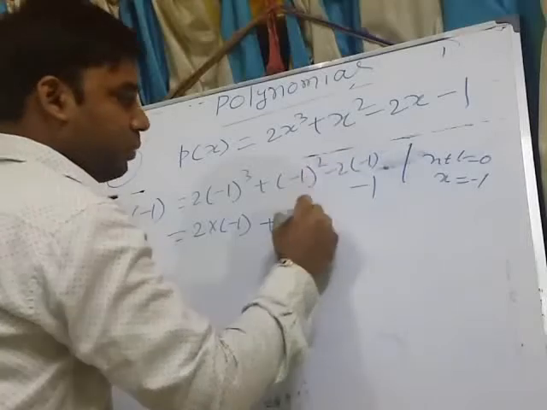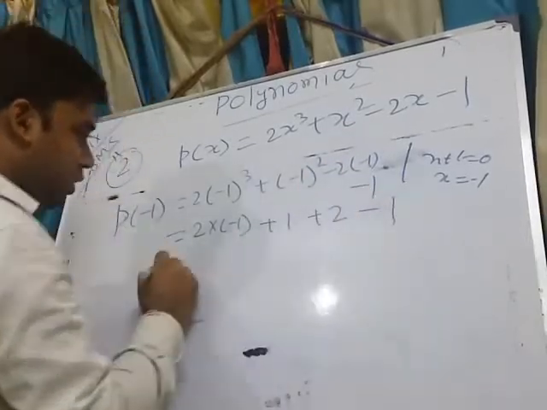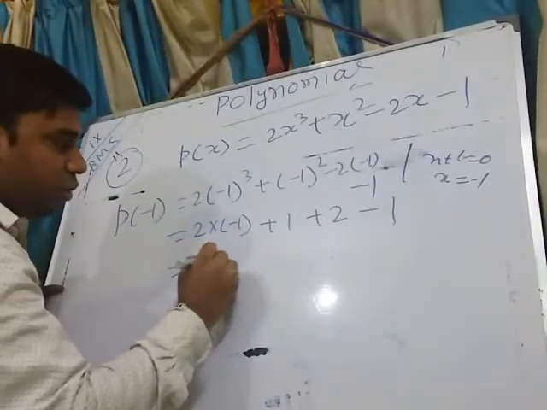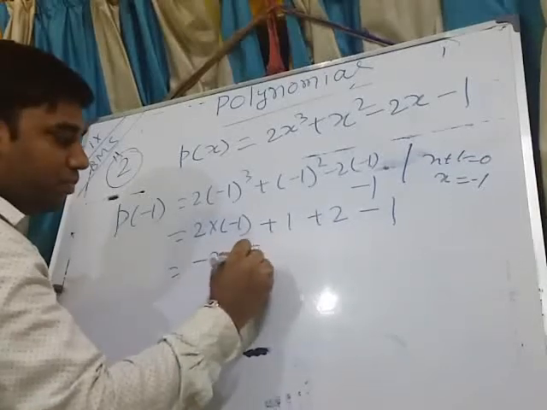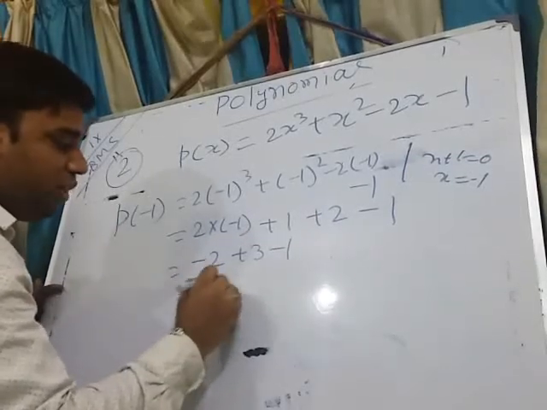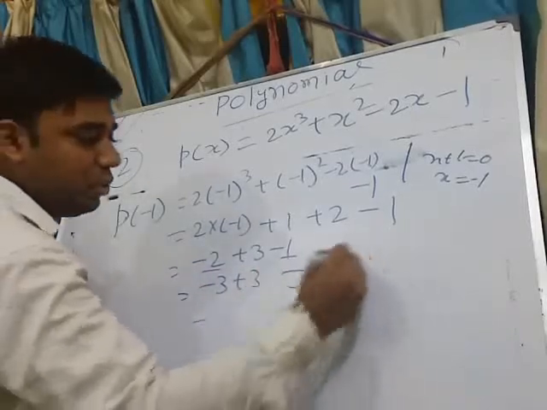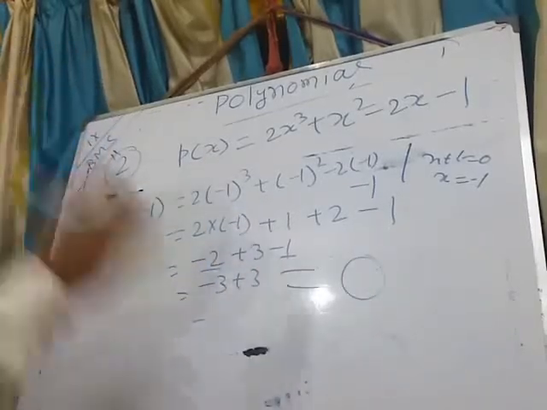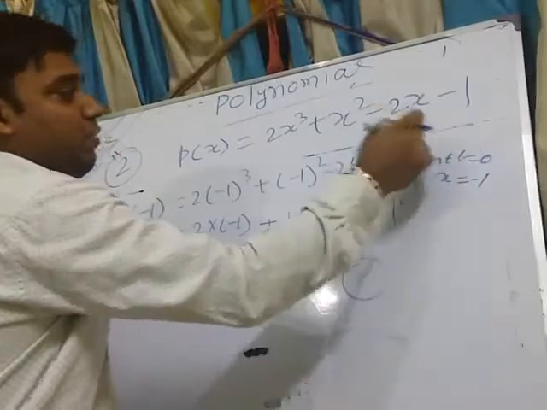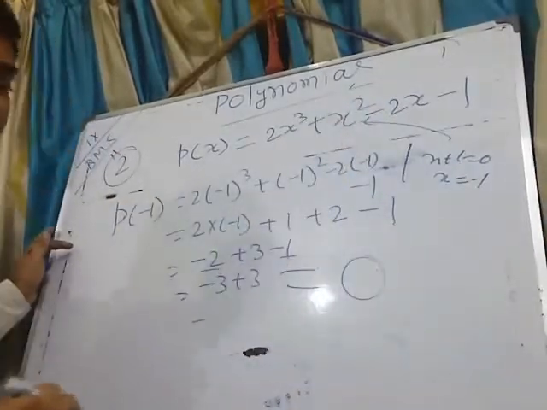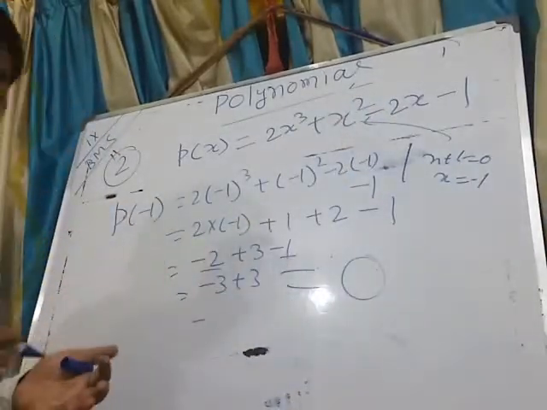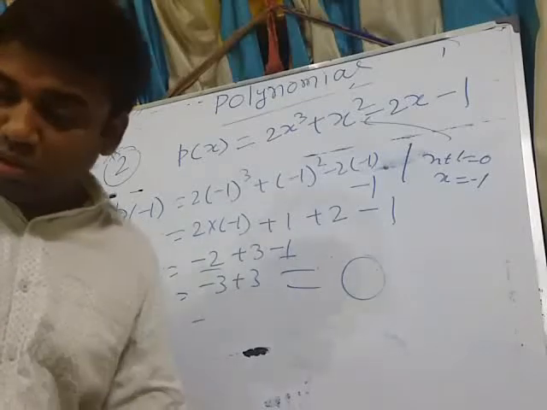Minus 2 into minus 1, that is plus 2. Plus 2 plus 1 is 3, minus 1. So minus 3 and plus 3 gives 0. So the result is 0, so x plus 1 is definitely a factor of the given polynomial.